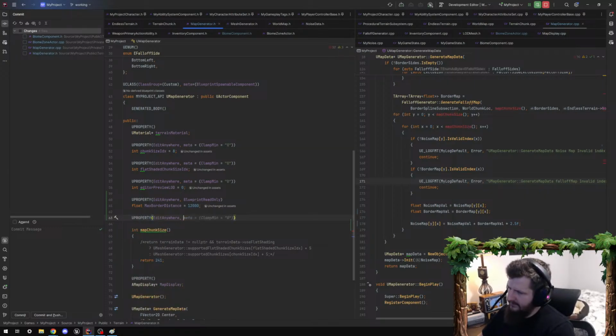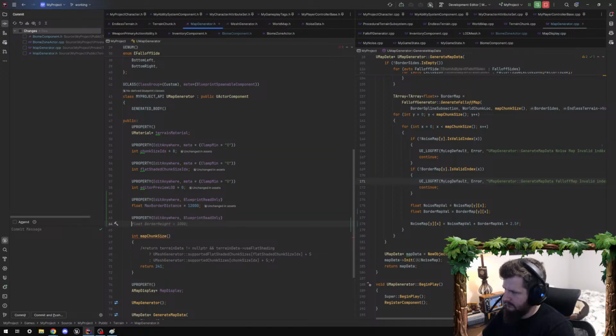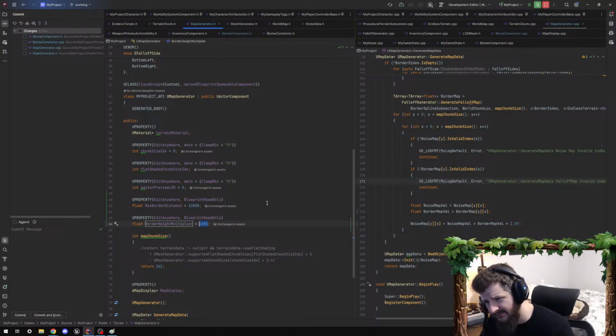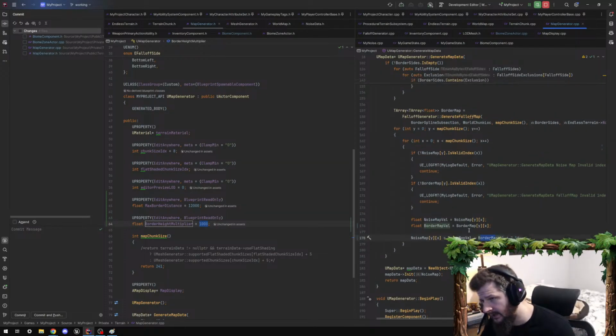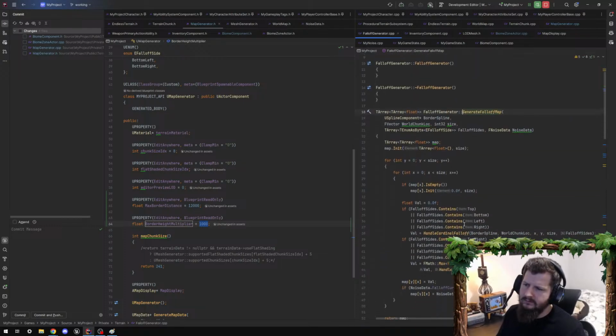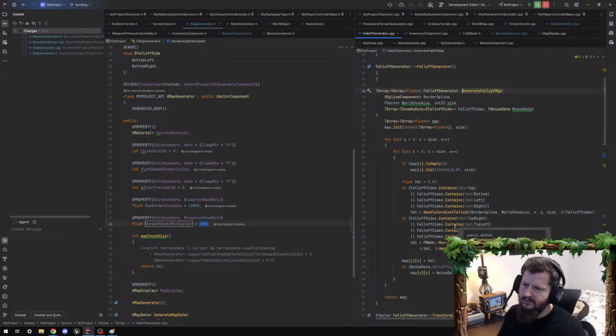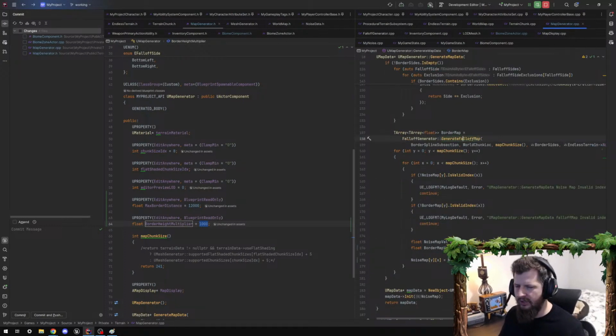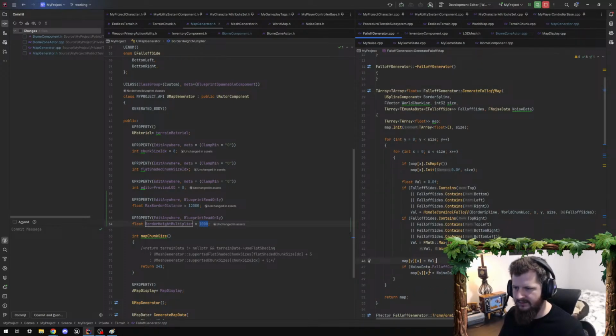Copilot already knows. Well, it messed up there. Never mind. Float, border height multiplier. And let's do, I have 2.5 here, but that's 2.5 times this border map value, which I don't remember what I did for this. I do it based on distance, so I think it's about a chunk in height, because I'm doing it based on the distance from the opposite side, which, like I was saying, was about 12,000.